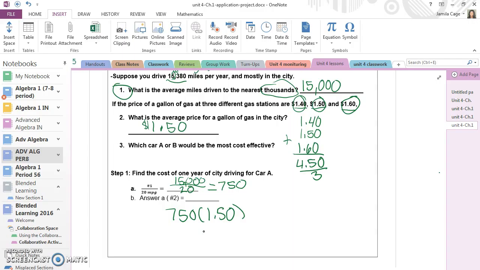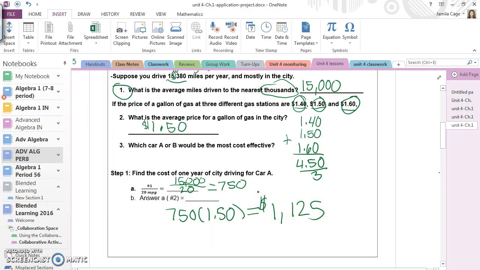And the $1.50 is how much it costs for 1 gallon at the average gas station. So when I multiply that 750 times $1.50, I come out to 1,125.